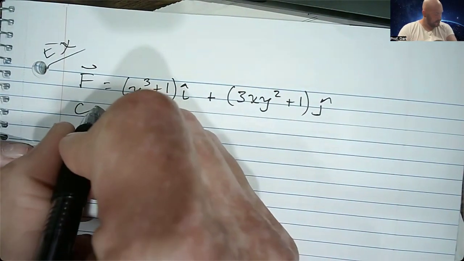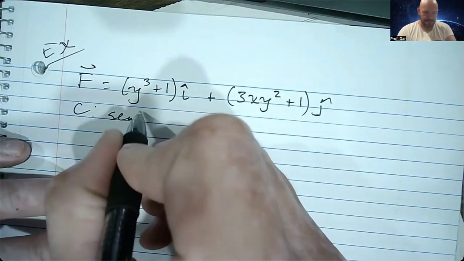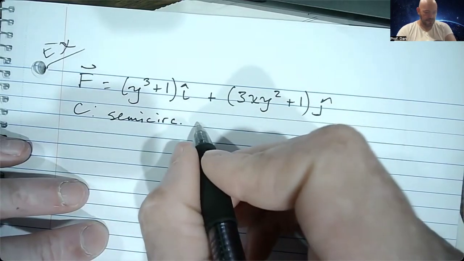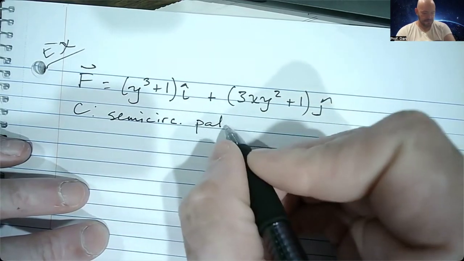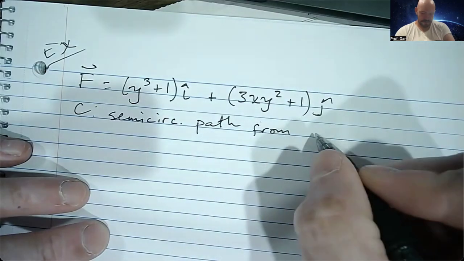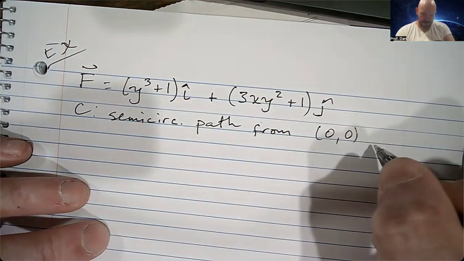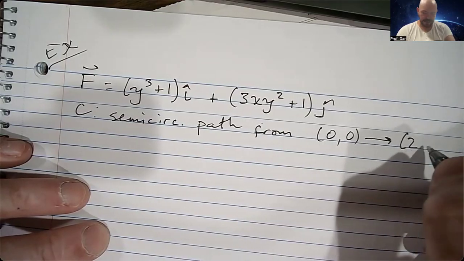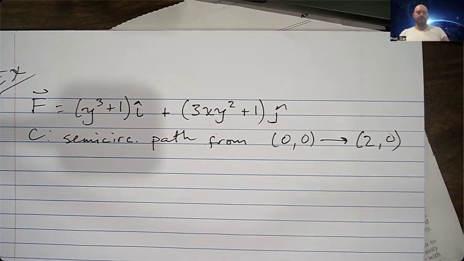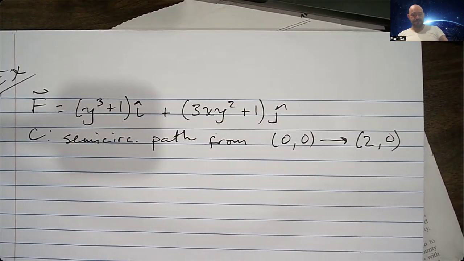C is a semicircular path from the origin 0, 0 to the point 2, 0. So essentially you're moving along a semicircle centered at 1, 0 with a radius of 1.